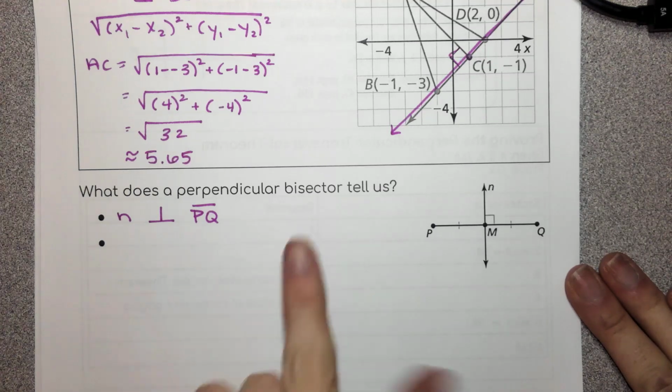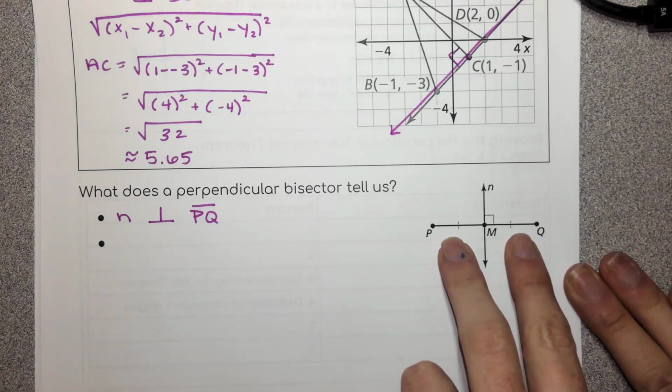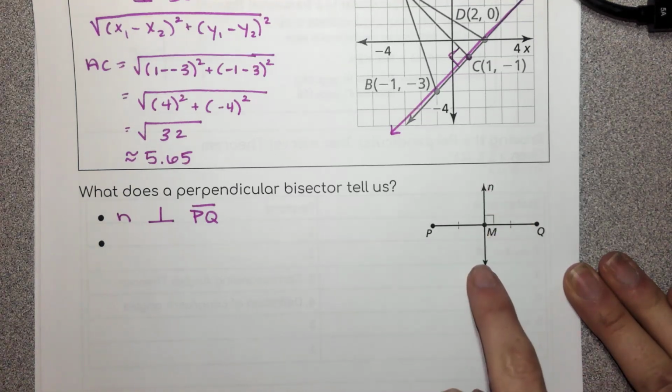All right. So bisector means it splits it in half and gives us 2 equal parts, which would mean that N is going to pass through the midpoint of PQ.